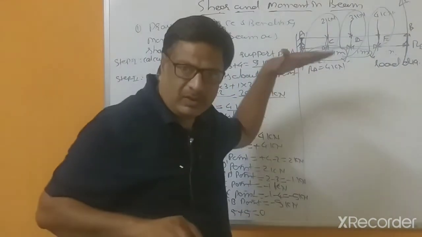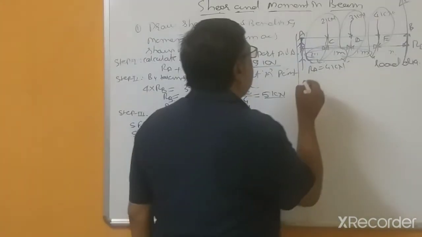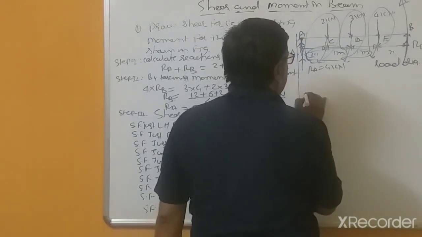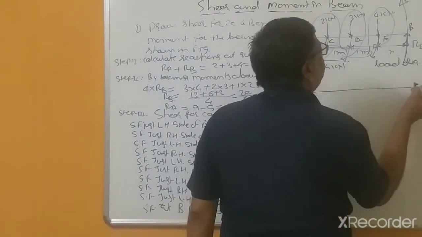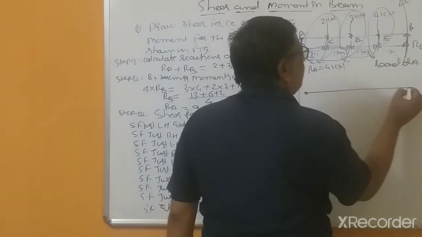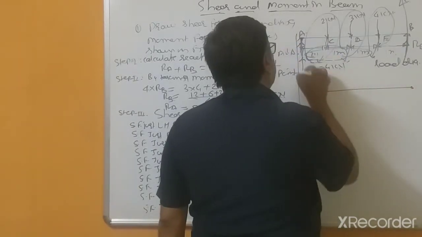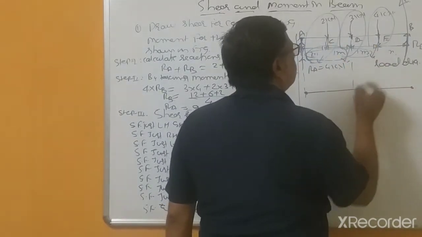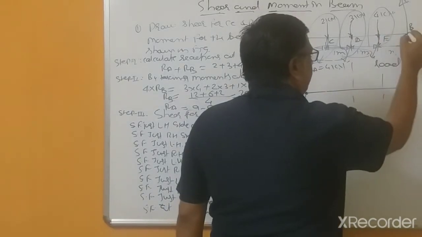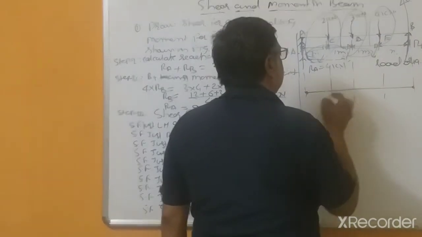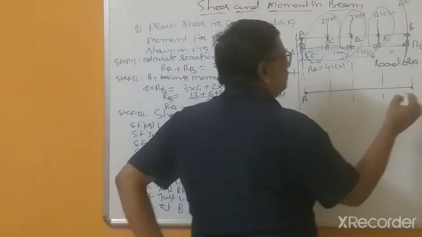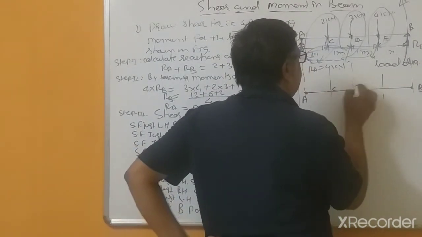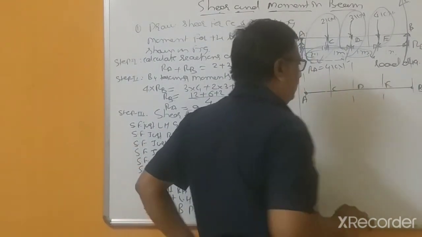and exactly below the load diagram you can draw the shear force diagram. Project this point by a dotted line, and mark all points, A point, B point, C point, D point and E point.